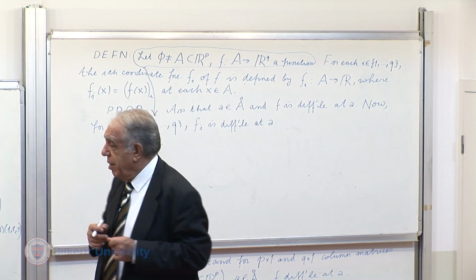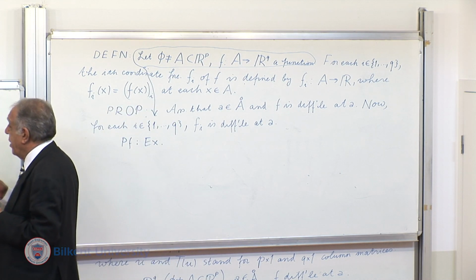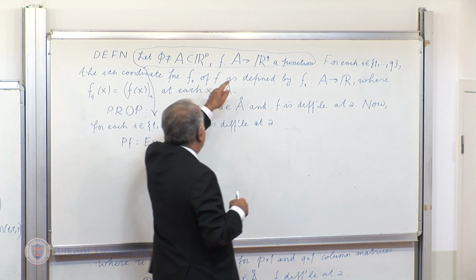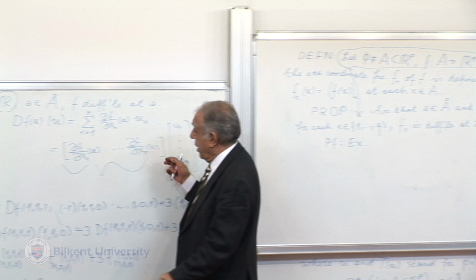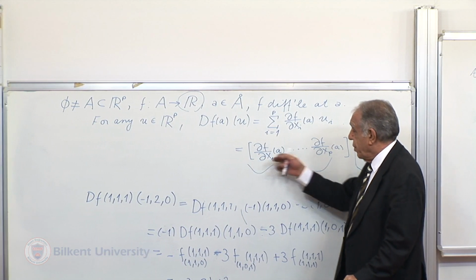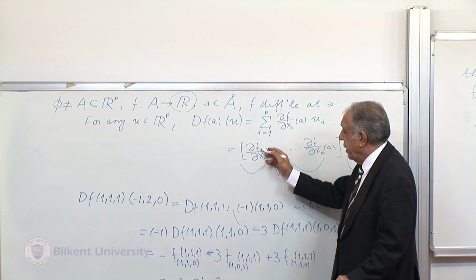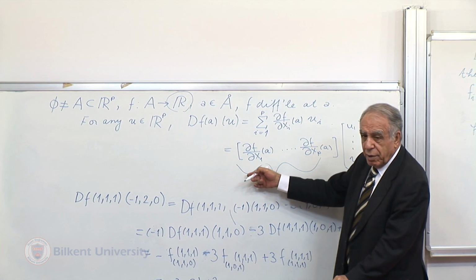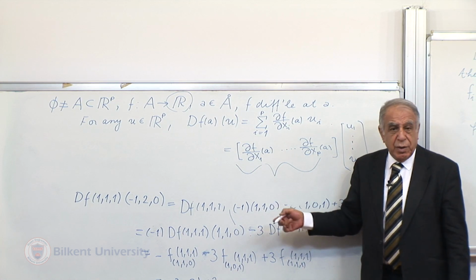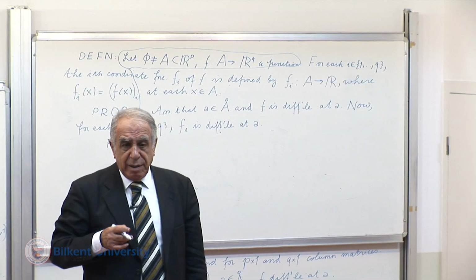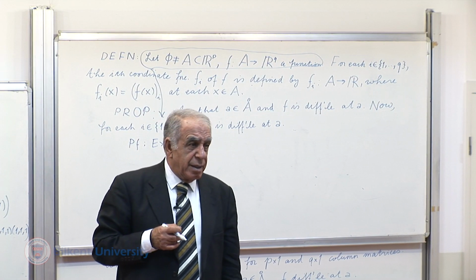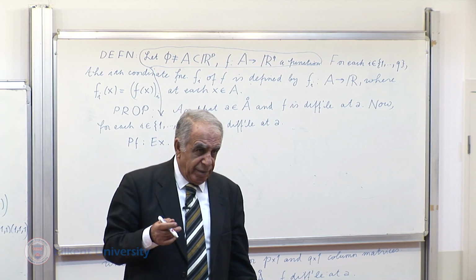But what's the name if I have such a matrix at a? If I form the first row with f_1, the second row with f_2, and so on, the last row with f_q, what's the name of that matrix? That's the Jacobian matrix of f.